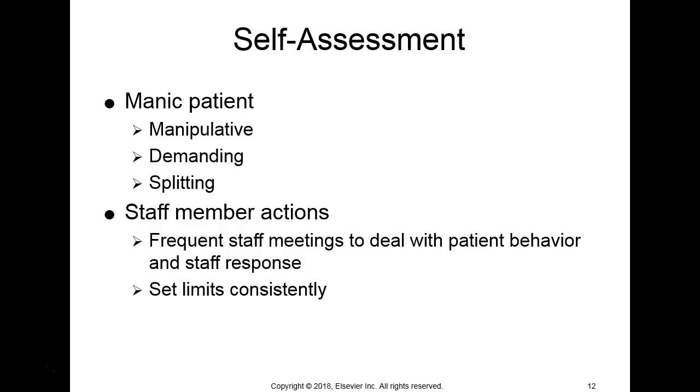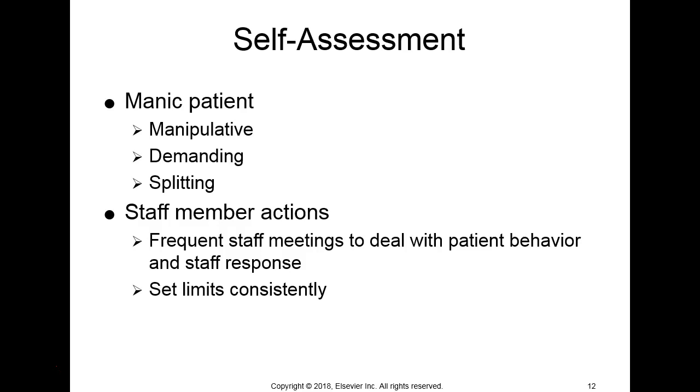So staff members' actions are very important, and staff have to meet on a regular basis and deal with the patient's behavior and the staff response so that everybody knows what the approach is and that we can all set limits consistently.